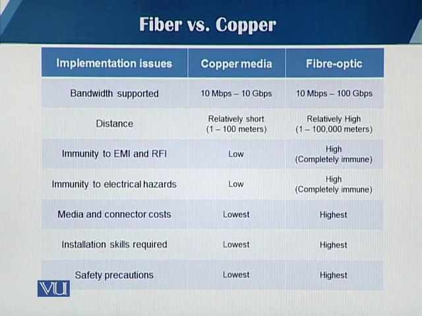The cost for connectors is high when you use fiber optics as compared to copper media. For installation, copper media is very easy, and you will find many people who are skilled in implementing copper media, as compared to fiber optics that requires an experienced person to install.